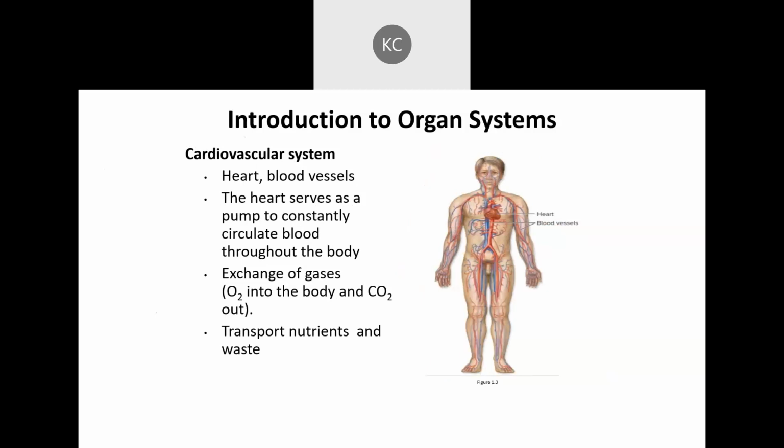They go to the tissues, and then they return to the heart via veins, which by definition bring blood back to the heart, right? All the while they're transporting different nutrients, waste products like carbon dioxide, gases. They're taking things to the kidney to be filtered out, right? So this is our transportation system in the body.